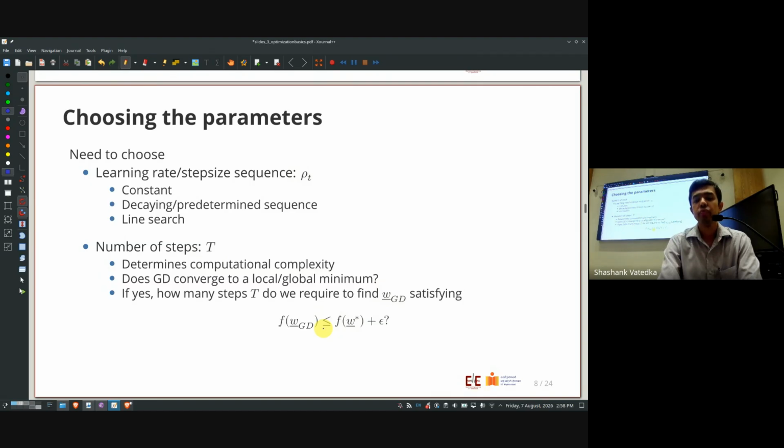If you're given a function, or let's say a class of functions over which you want to optimize, how many steps of gradient descent do you need to take in order to ensure that the output of gradient descent is going to give you something that is epsilon close to the actual minimum, or at least the local minimum if you can't find a global optimizer?